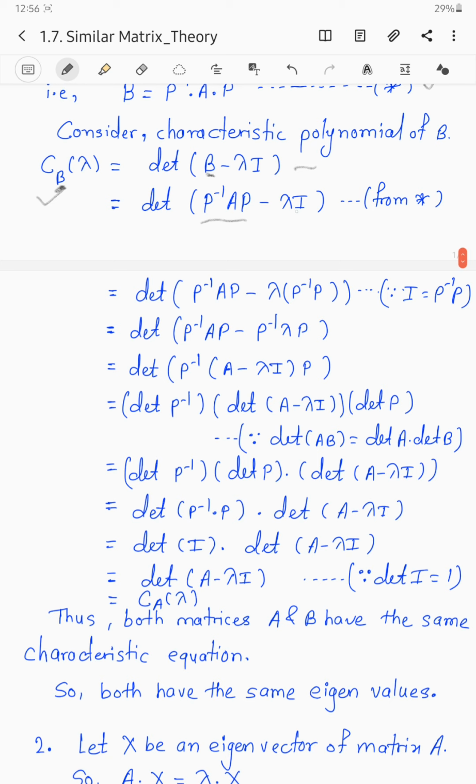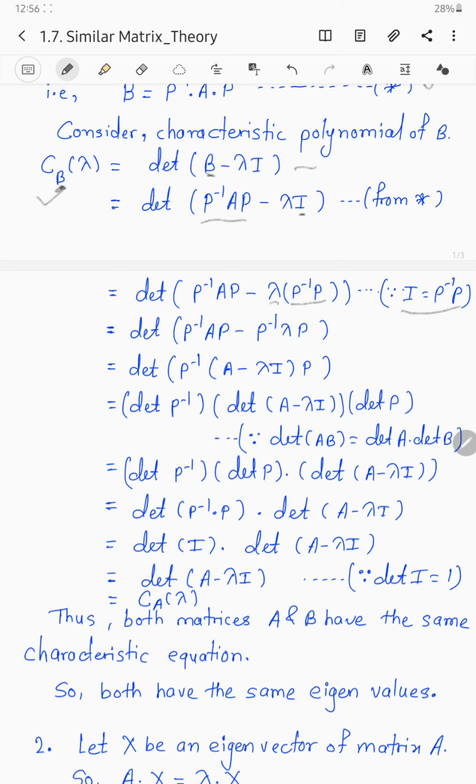Now there is a change in I. We know that I is nothing but P inverse P. So instead of I, write down here P inverse P.